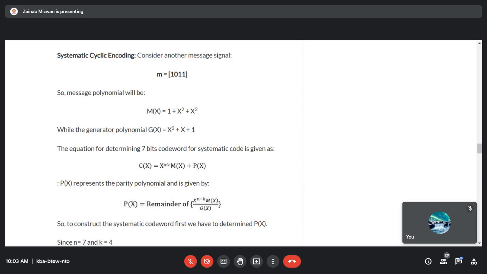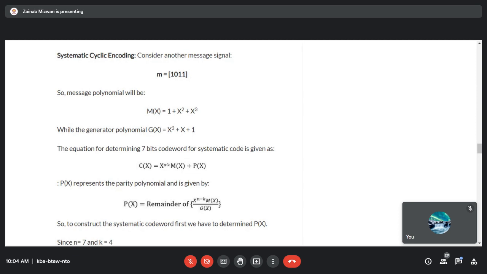Multiply the message polynomial. Or you want me to write, or should I dictate? It will be easy for you, all of you, those who are noting it down. Multiply the message polynomial, that is the m of x, by x raised to n minus k.